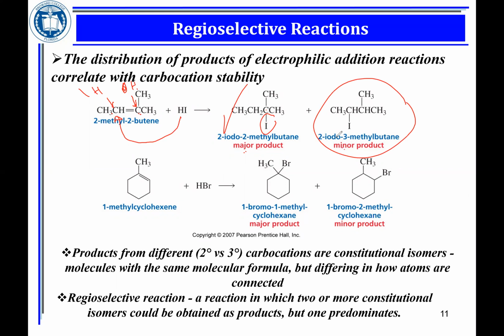So what happens in 1-methyl cyclohexene? Which one is going to be the major product? In this case, you can also count the number of hydrogens. How many hydrogens do you have on this carbon?